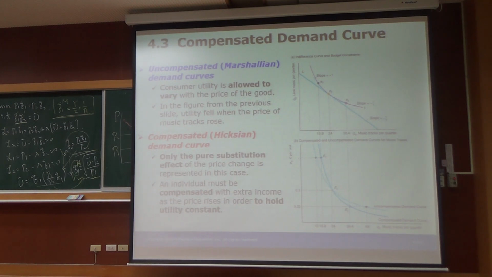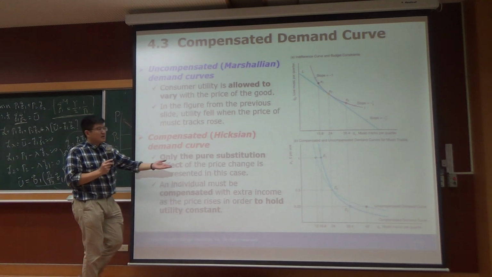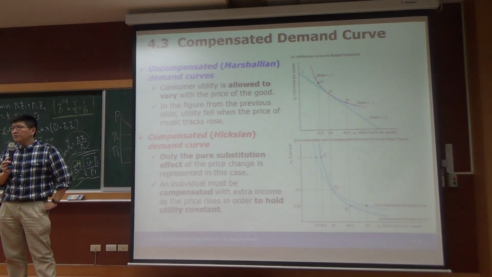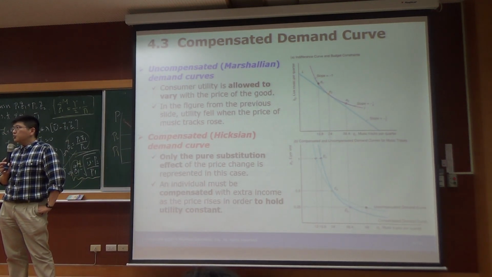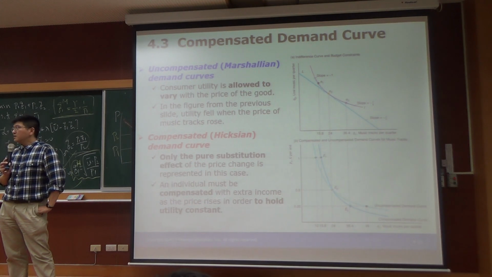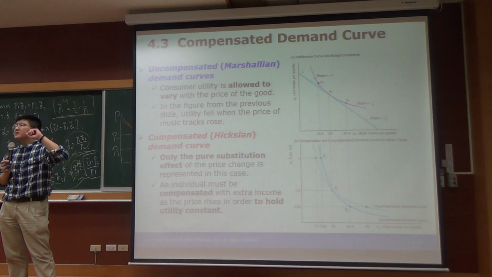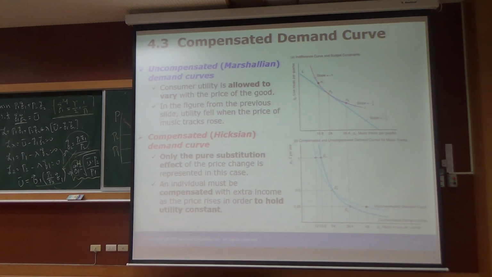Without compensation and with an increase of price, you will be worse off. So we compensate you so that you may remain on the same level of happiness. That is what we call compensated.